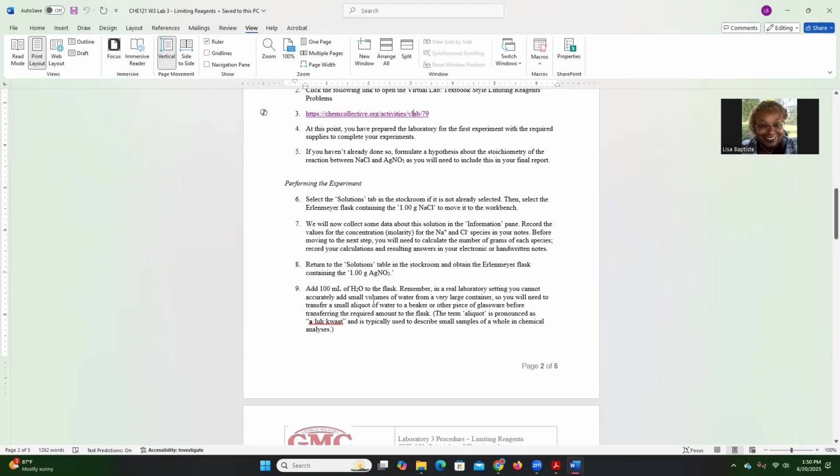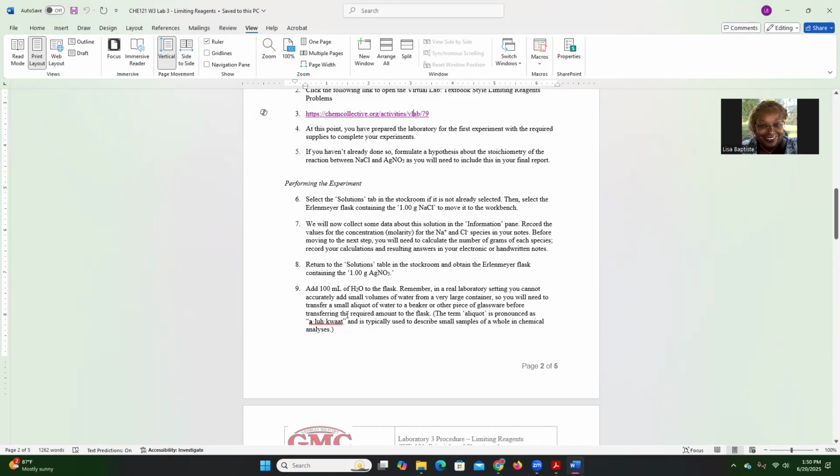You want to add 100 milliliters of water to the flask. And remember, in a real laboratory setting, you cannot accurately add small volumes of water from a very large container.